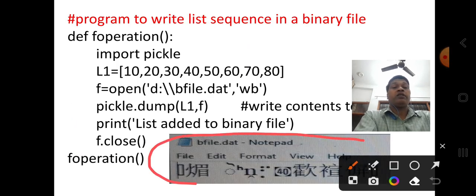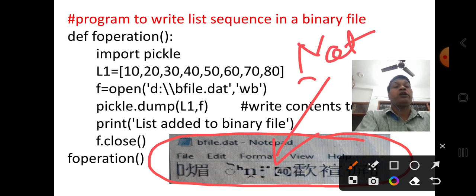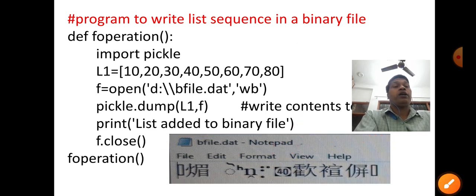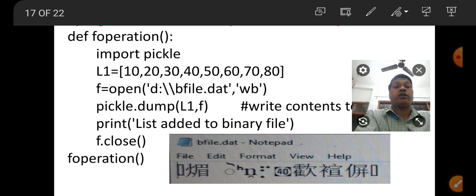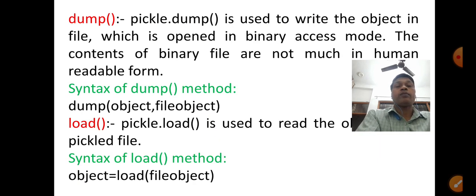Look, this is the content of the binary file, and it is not readable. Hence, we can understand a binary file cannot be readable. These are the symbols.